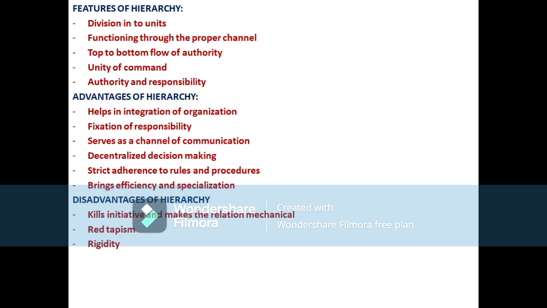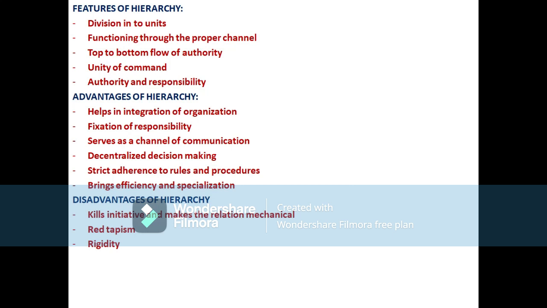And coming to the last one, it brings efficiency and specialization. By hierarchy, we will see efficiency and specialization. Why? Because here we have functional heads. Each and every department has its own functional head, and they will perform the work regarding that particular department. This gives rise to division of work into several parts, and they will be specialized in that department.